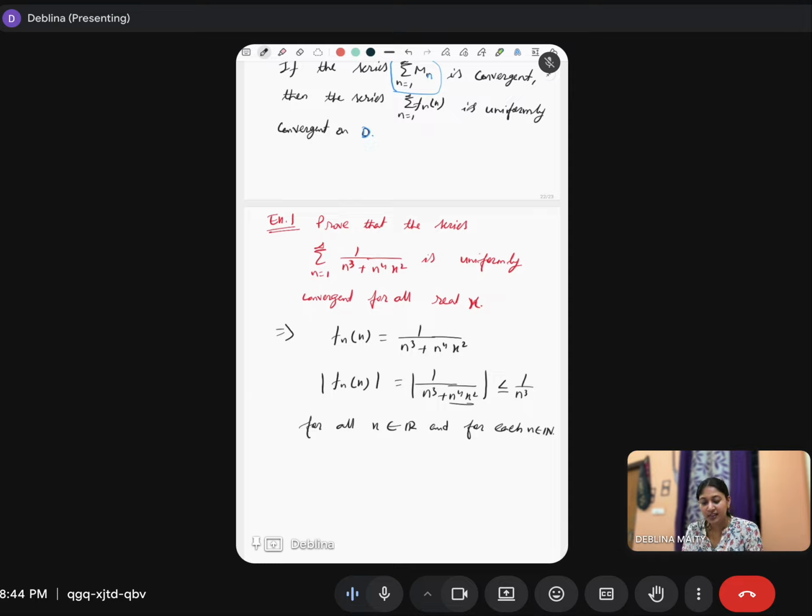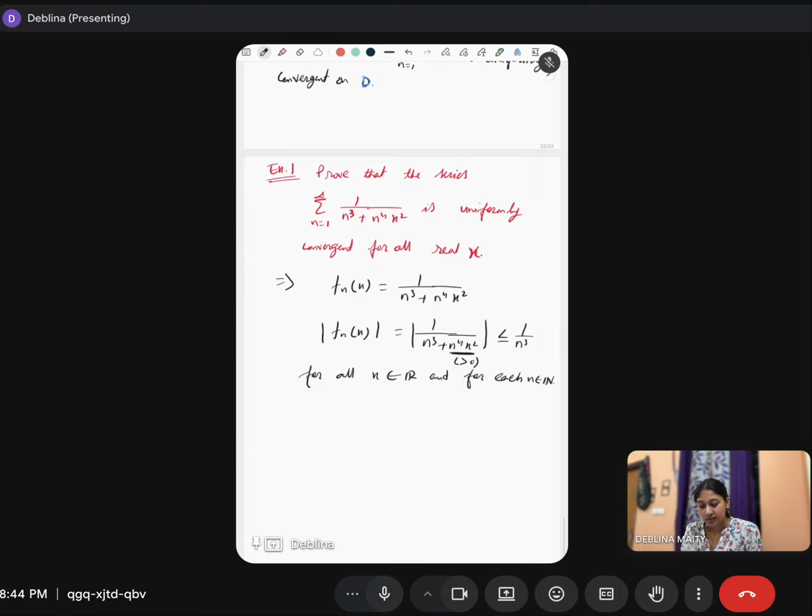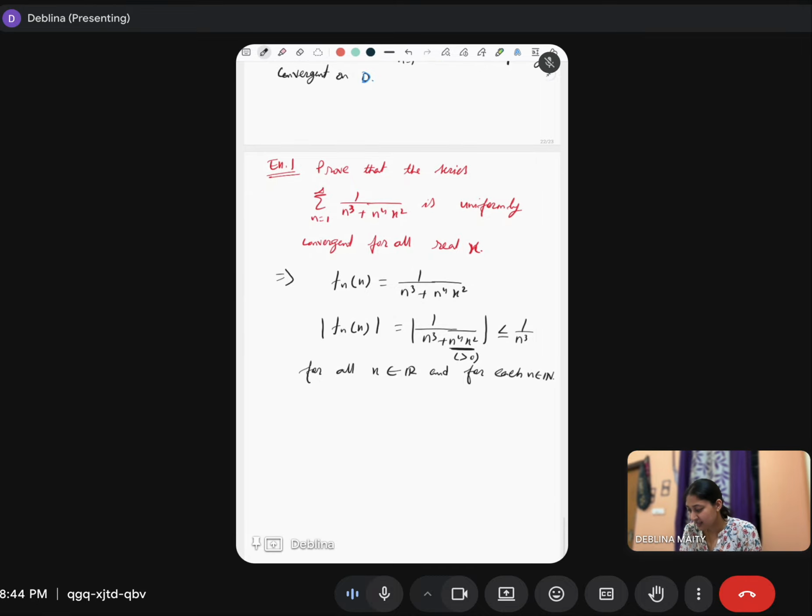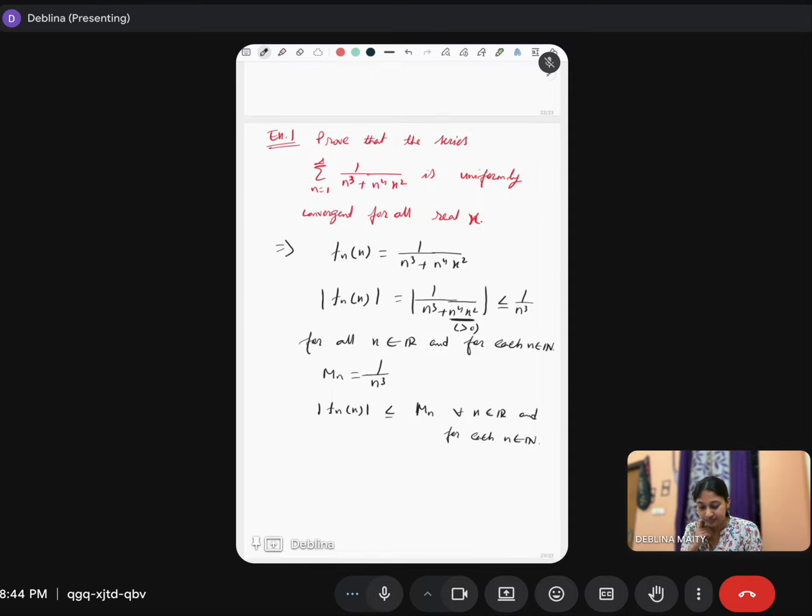Since n to the power 4 x square is bigger than or equal to 0, this value will be less than or equal to 1 by n cube. So here what is our M_n? M_n is 1 by n cube. So we have found that mod of F_n(x) is less than or equal to M_n for all x belongs to R and for each n in the natural numbers.